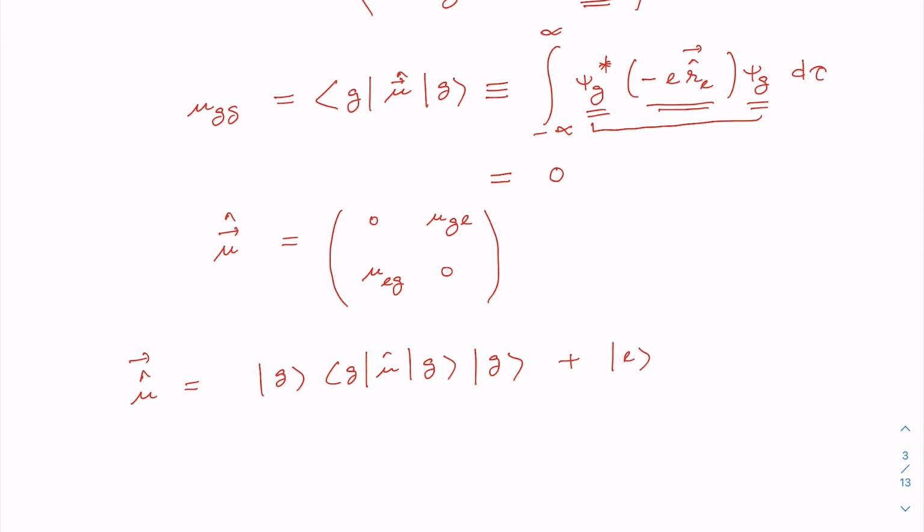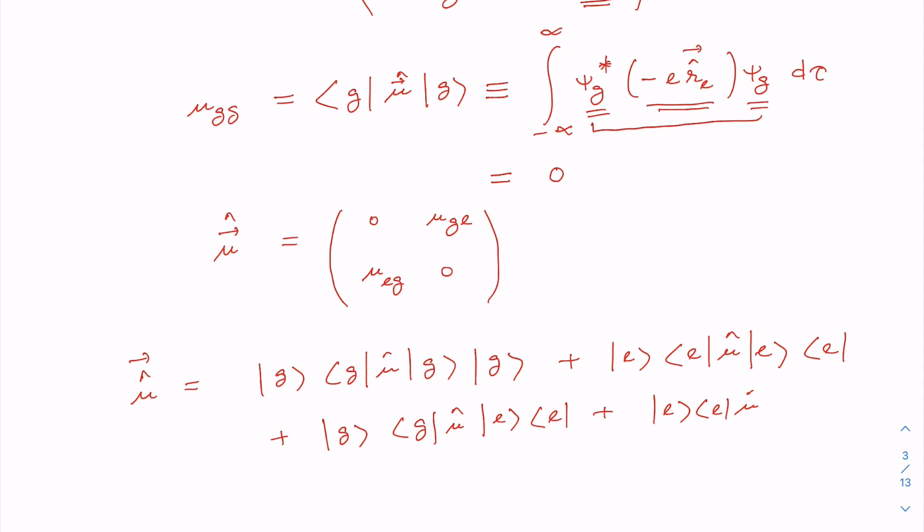And here I have |e><e|mu|e><e|, then we have plus |z><z|mu|e><e| plus |e><e|mu|z><z|.